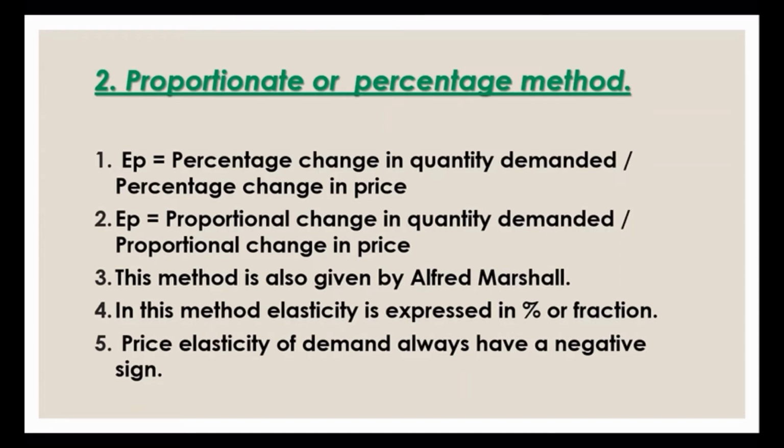This method is also given by Alfred Marshall. Alfred Marshall has a big contribution in developing the methods of price elasticity of demand. In this method, price elasticity is expressed in percentage or fraction, and price elasticity of demand always has a negative sign.